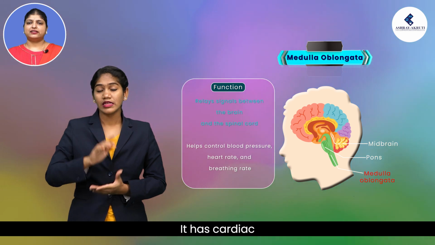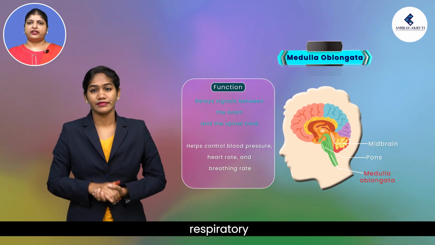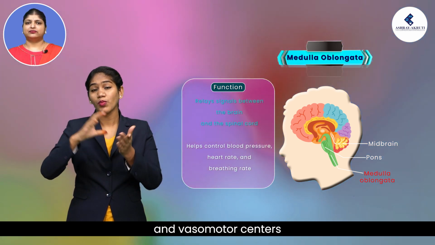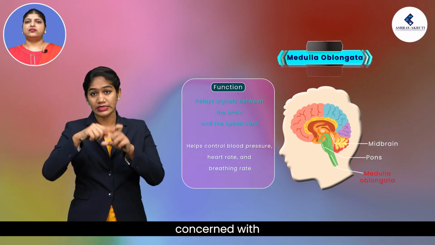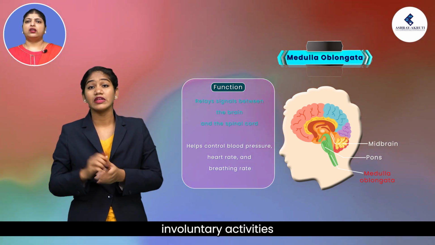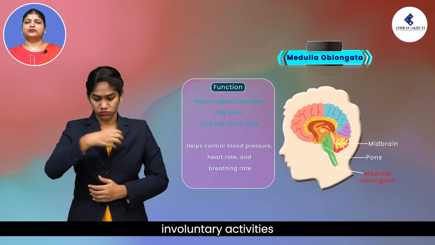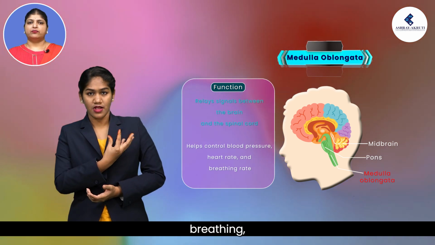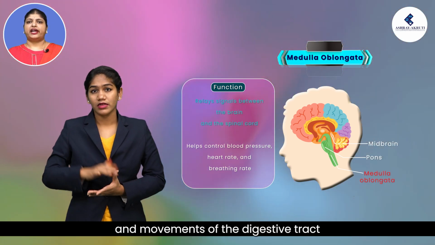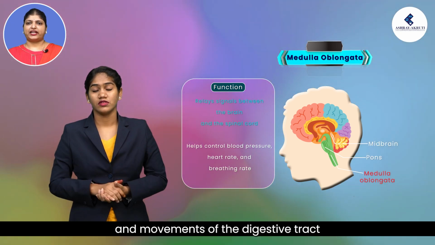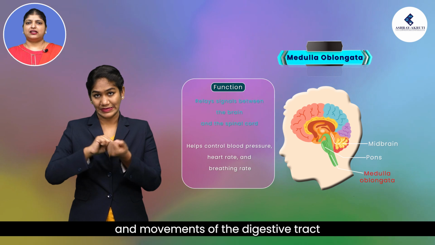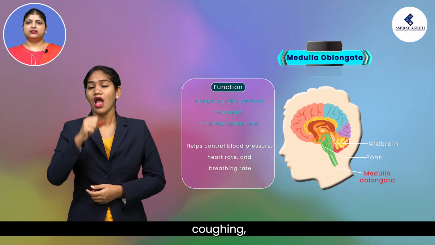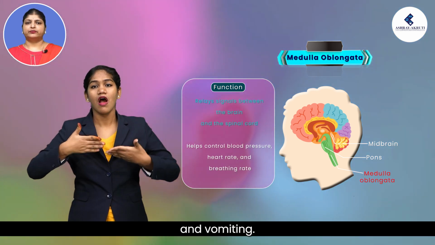It has cardiac, respiratory and vasomotor centers concerned with involuntary activities like heartbeat, breathing, and movements of the digestive tract like swallowing, coughing, and vomiting.